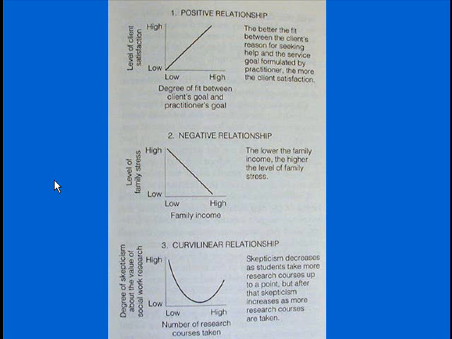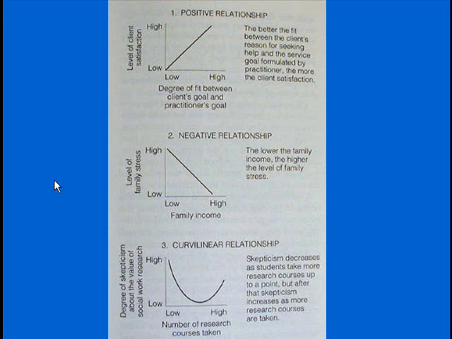So you'd have an R equal to maybe negative 0.92. As family income goes up, stress goes down. As family income goes down, family stress goes up. So the lower the family income, the higher the level of family stress.